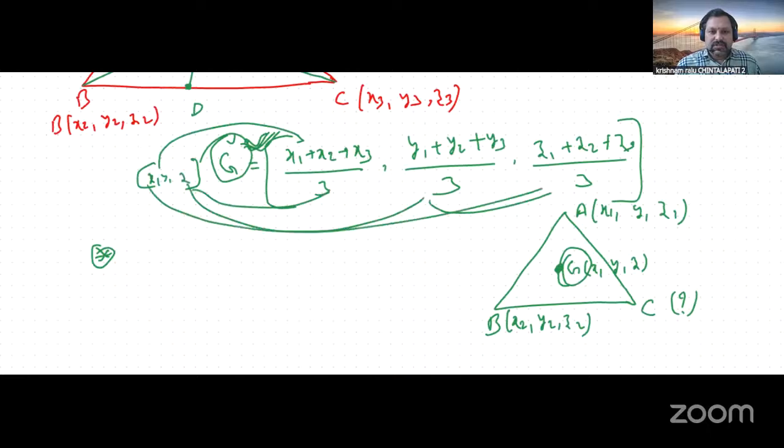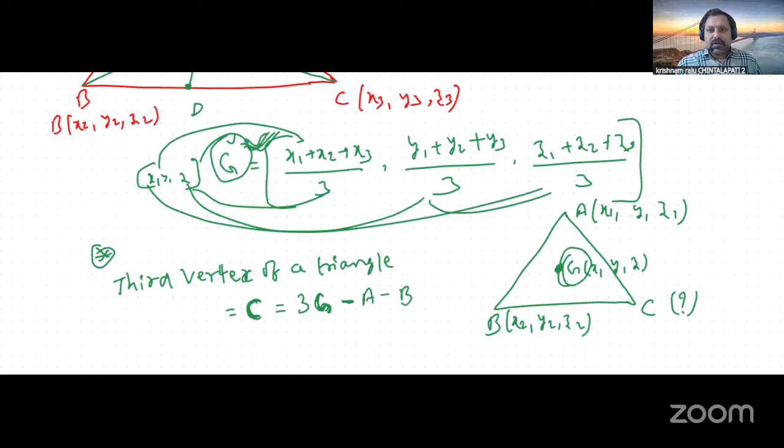See, the shortcut way for the third vertex of a triangle: the third vertex C can be determined by 3 times the centroid minus A minus B. You have to subtract the known vertices.